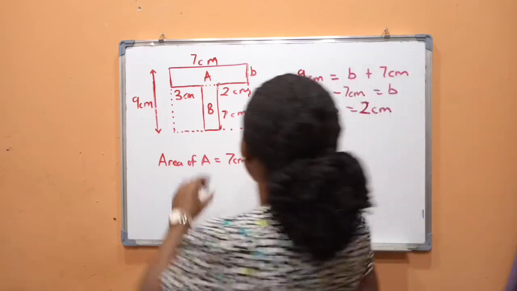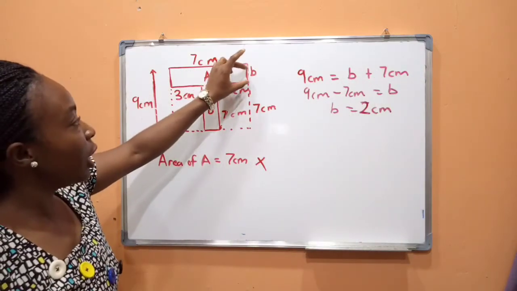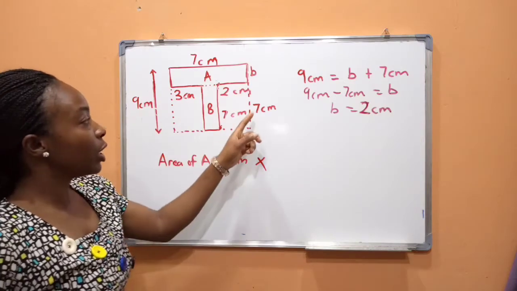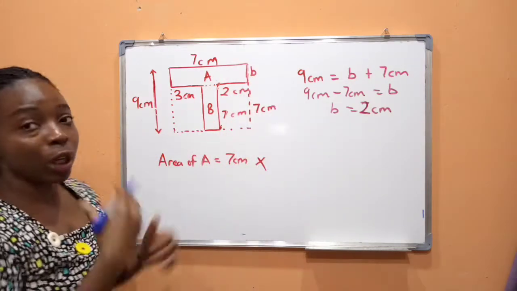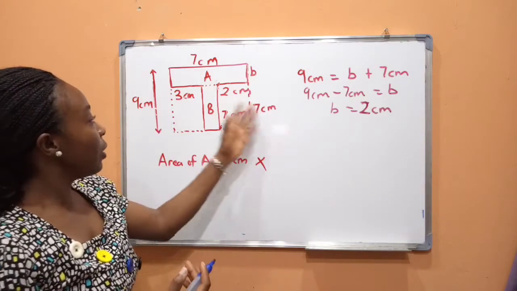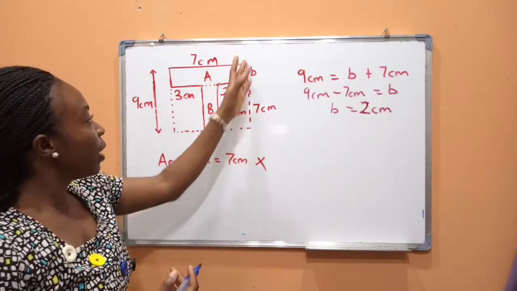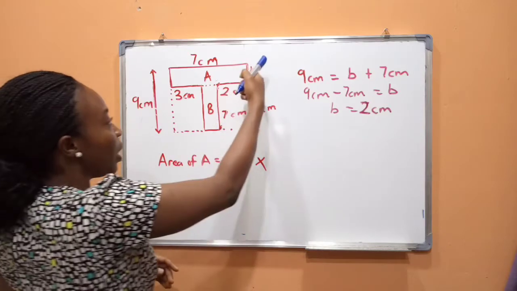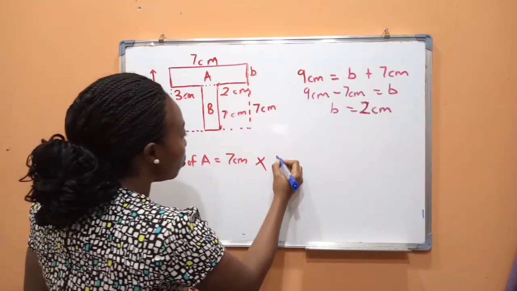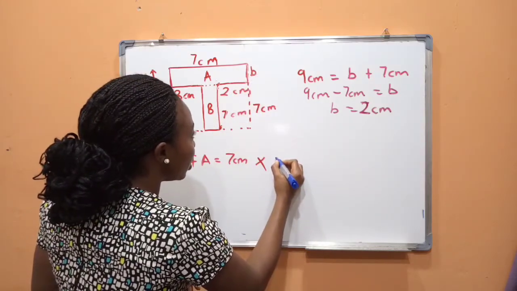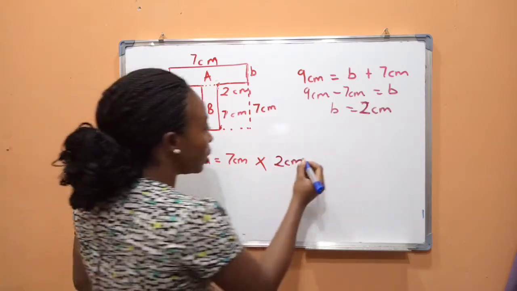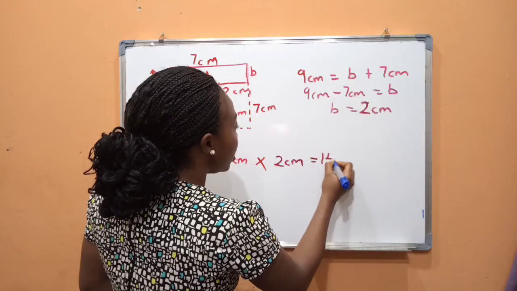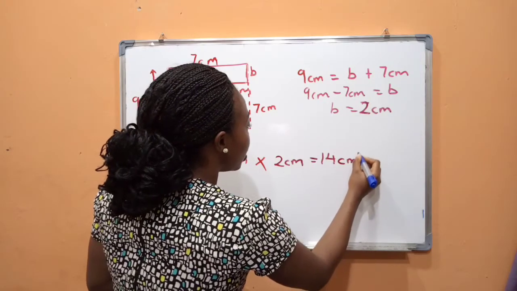So you can see that we've found here is 2 centimeters, so that when you say 7 plus 2, you're going to have 9. So that shows we are correct. Opposite sides of a rectangle are equal, so we are having 9 here. So what's the value of B here? The breadth is what? 2 centimeter. 7 centimeter times 2 centimeter gives us 14 centimeter square.